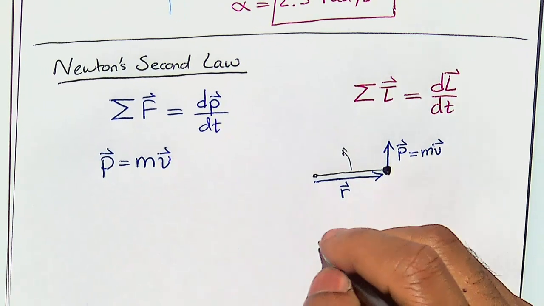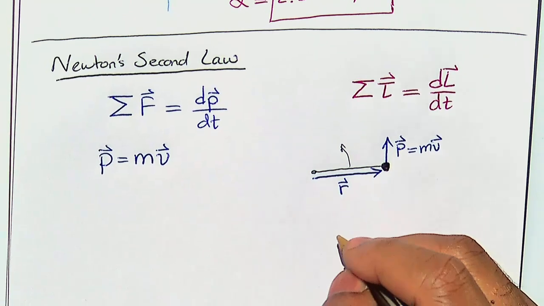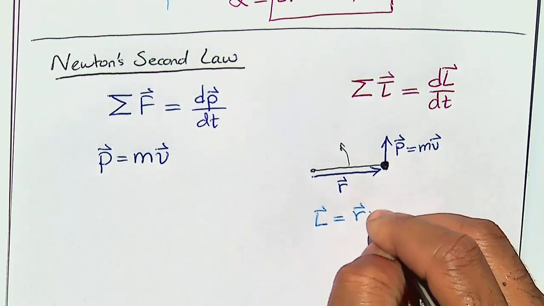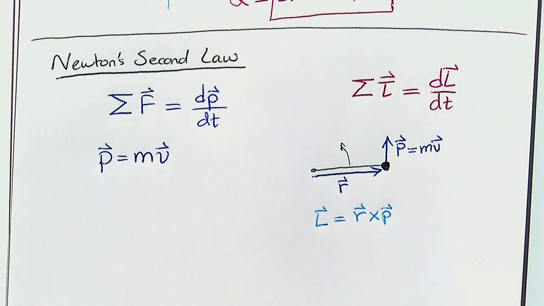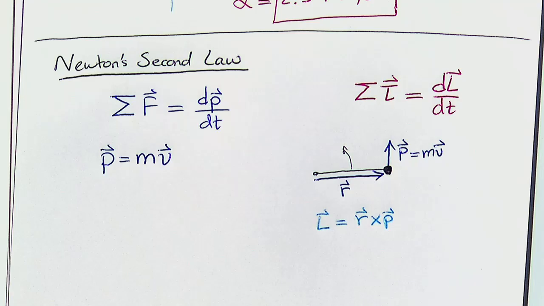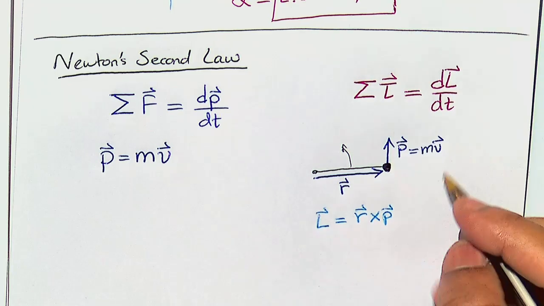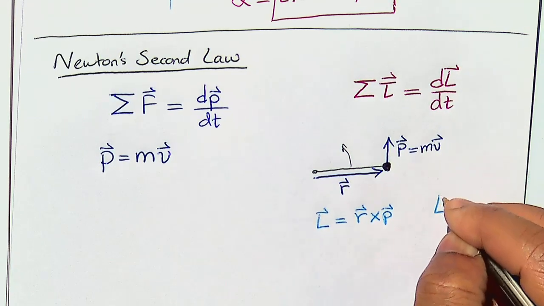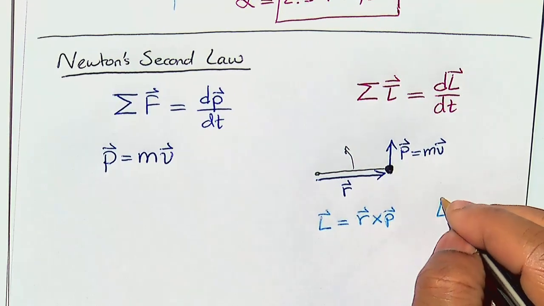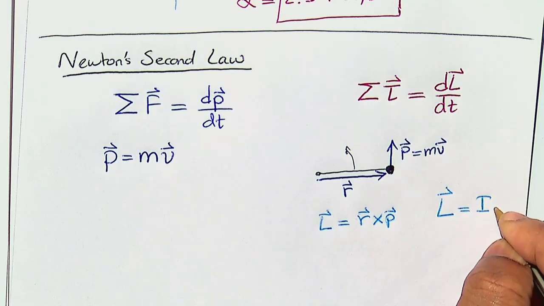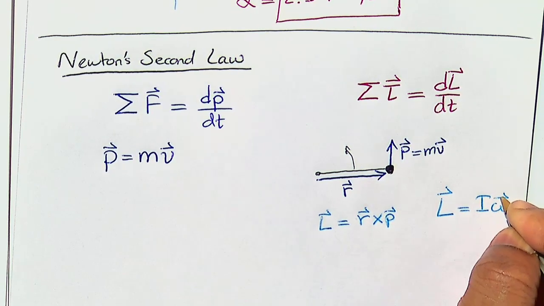So one way to define angular momentum is to say r cross p. That's one definition of angular momentum. It doesn't quite look like this, but there's one that looks almost exactly like m times v: you can define angular momentum to be the moment of inertia times angular velocity.